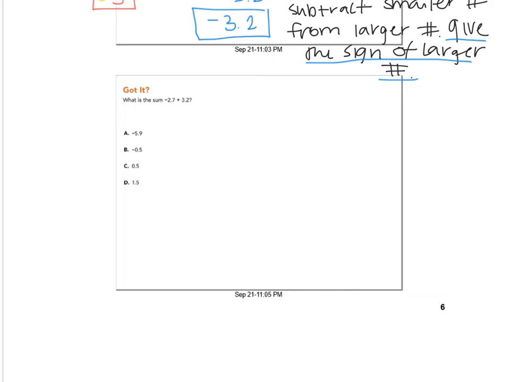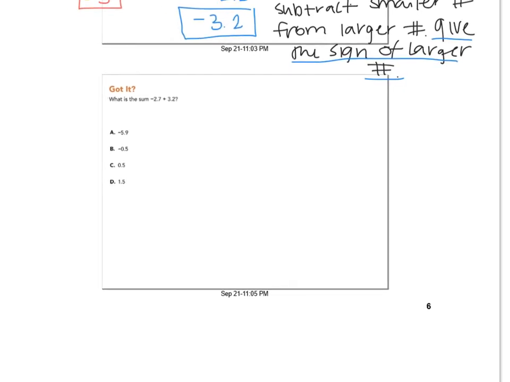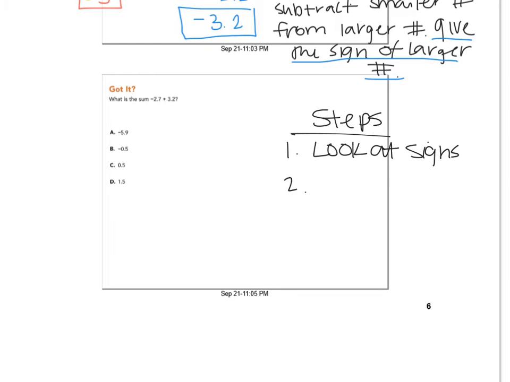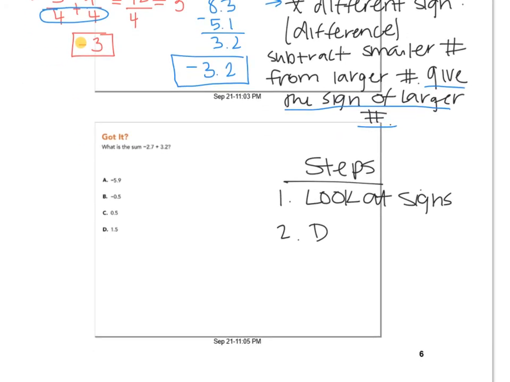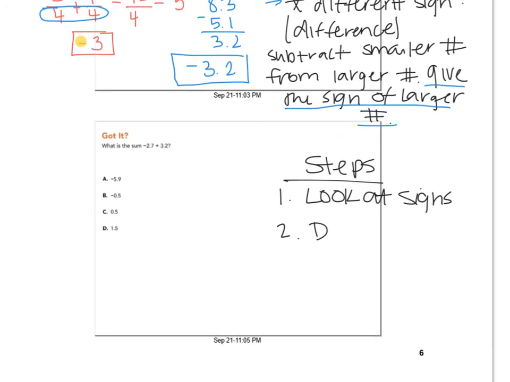All right, so this one wants you to add a negative 2.7 plus a 3.2. The first thing I would look at would be the signs. So always look at the signs. So if it helps, I want you to write steps. And number 1, look at the signs. Once you look at the signs, determine what rule you are going to use. Are you going to use the first rule, which was the same signs rule, or the second rule, which is the different signs rule?